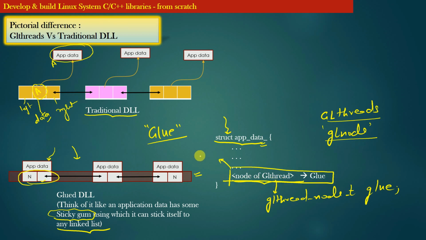This GL node is nothing but a glue, and using this glue, this application data can stick itself to a GLThread.